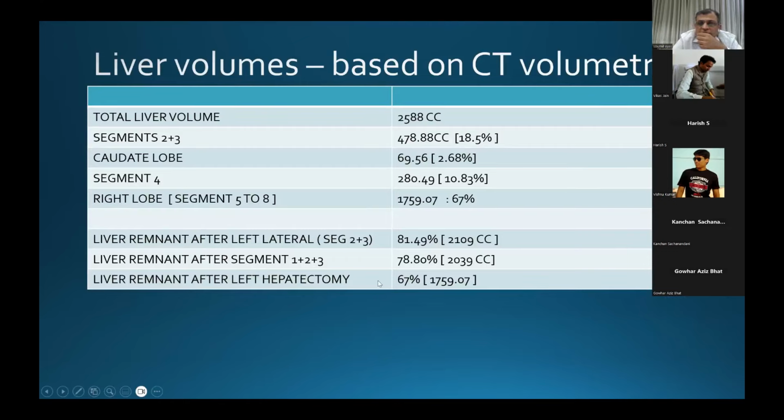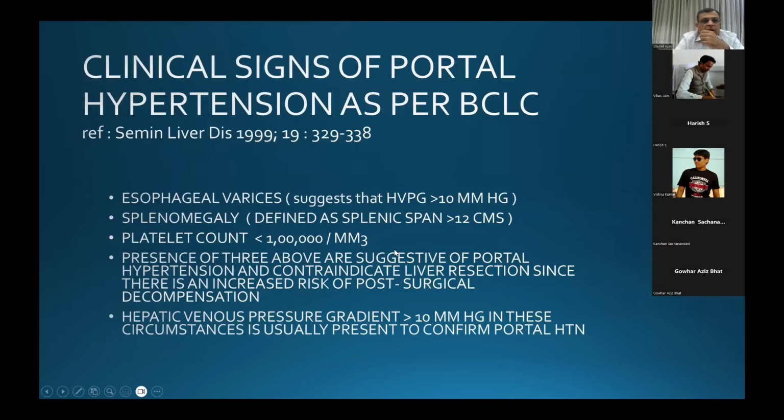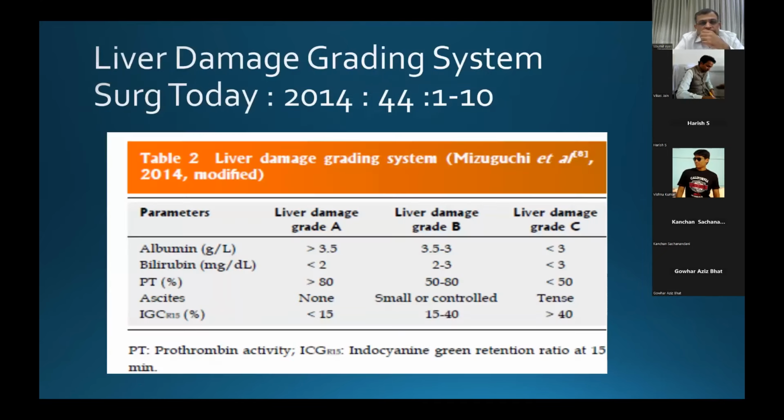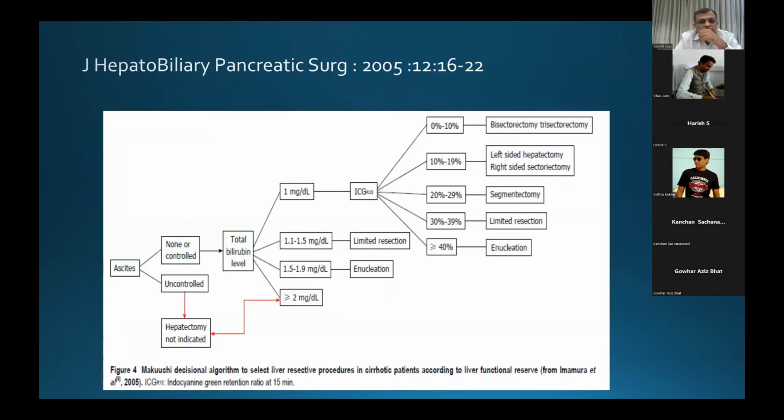This is just for the sake of illustration, although in this patient it wouldn't have mattered because he qualified to receive a left lateral segmentectomy. But this is how we would calculate the liver volumes and understand how much will be removed and how much will be left back. I would just come to that again in some time.